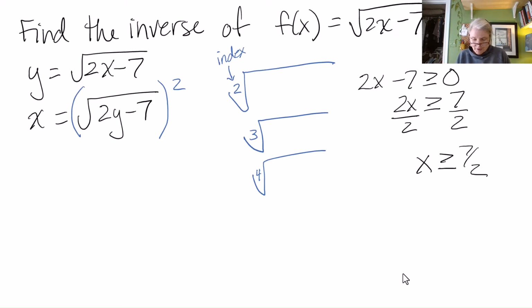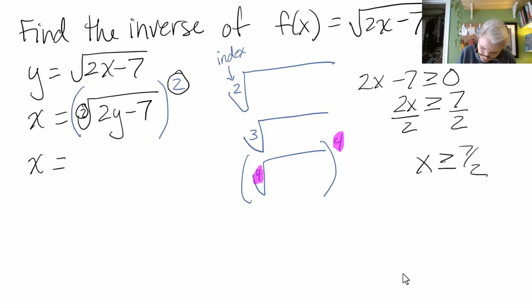And what's important as far as knowing the index is if I want to undo a radical, I have to have an exponent that matches this index. If those match, they undo each other, and you're left with just what's under the radical. So we've got this invisible 2 there, so my exponent and my index match.